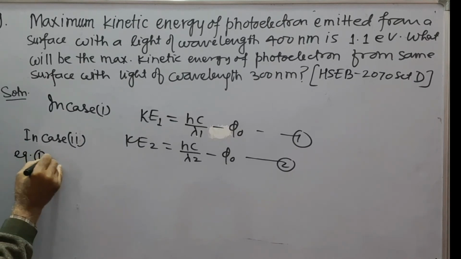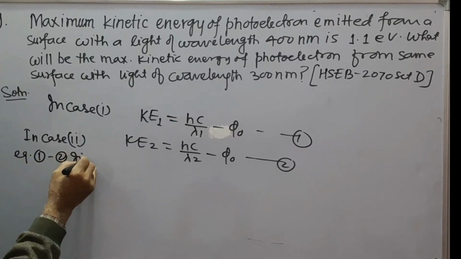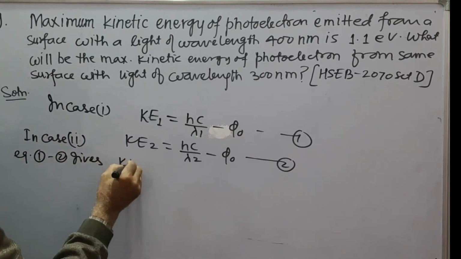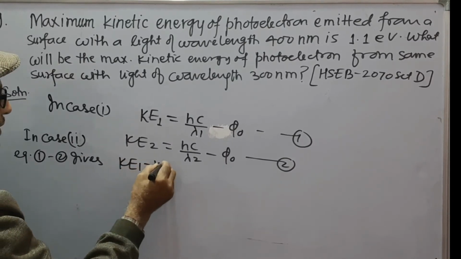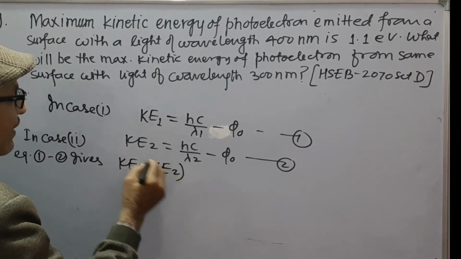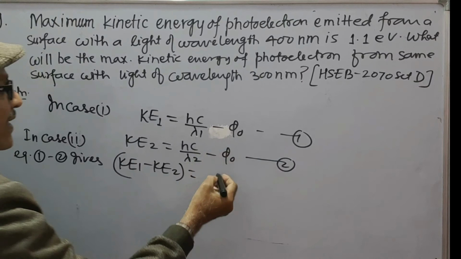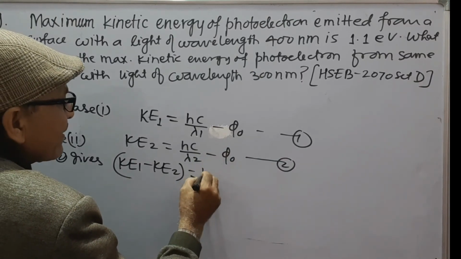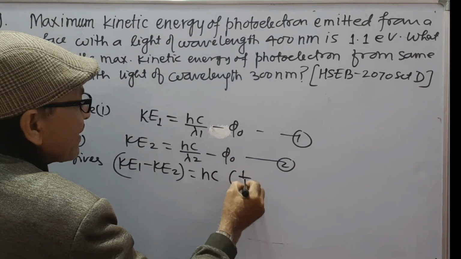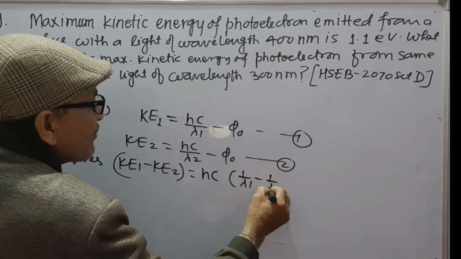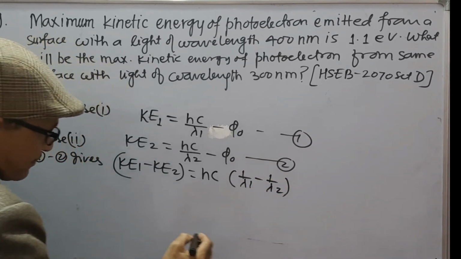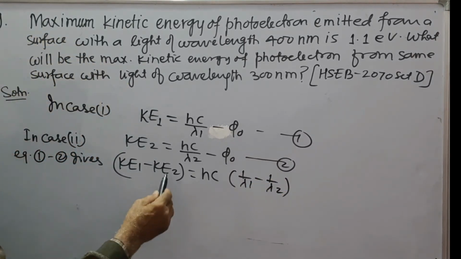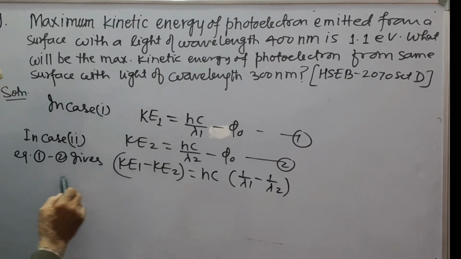Equation 1 minus 2 gives K1 minus K2 is equal to, phi naught cancels out, hc is common, 1 upon lambda 1 minus 1 upon lambda 2. So we have to find K2.